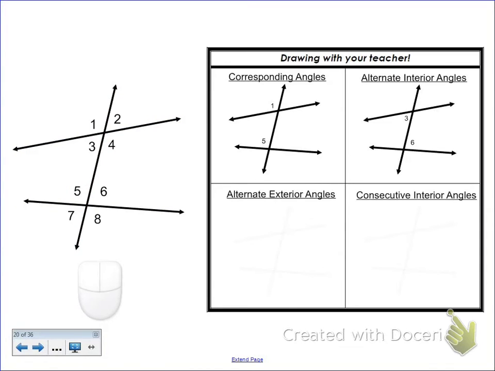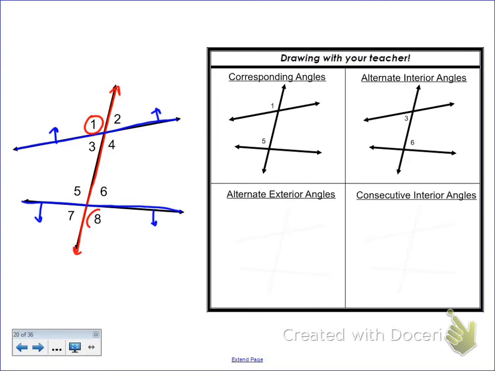My next angle pair is going to be alternate exterior angles. Similar to the alternate interior angles, we're looking on different sides of the transversal. So again, here's my transversal. But this time I'm looking outside of my two lines. So if I look at angle 1 here, I'm looking at an angle on the other side of the transversal for my other group.